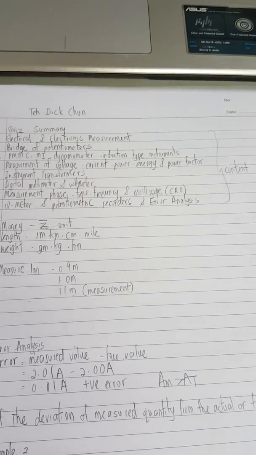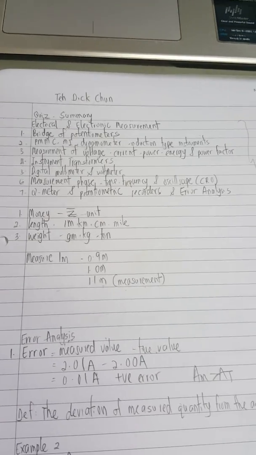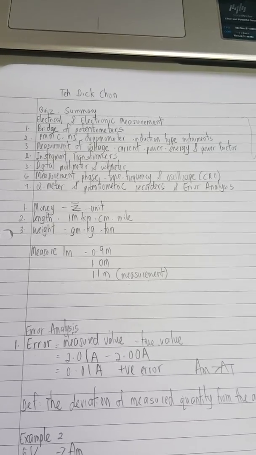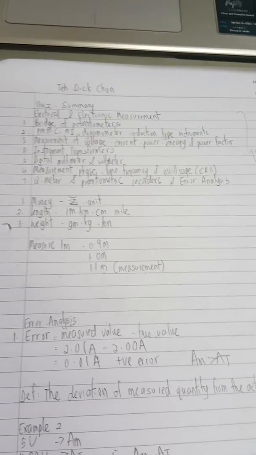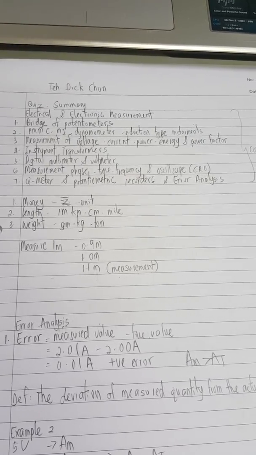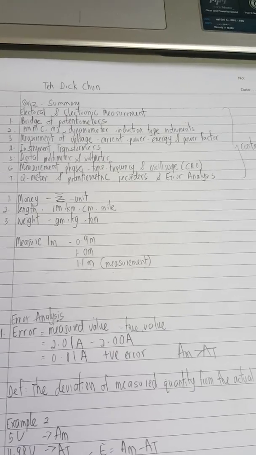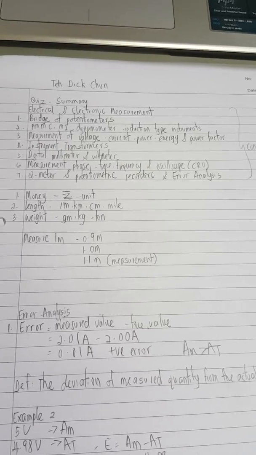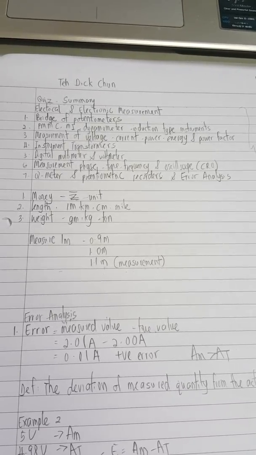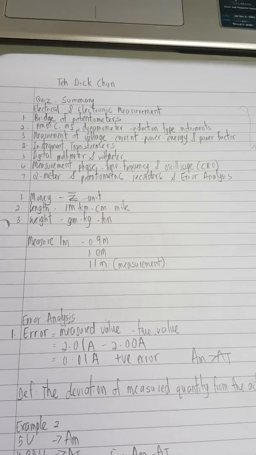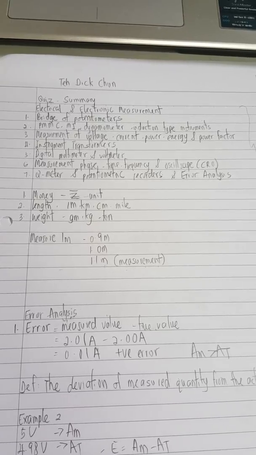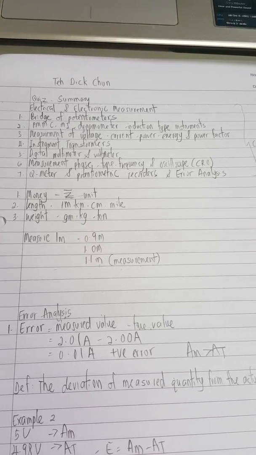So basically this is an instrumentation and measurement quiz. Today, after watching the YouTube video, which covers the 7 contents, which are: bridge of potentiometer, PMMC, MI, dynamometer, induction type instrument, measurement of voltage, current, power, energy and power factor, instrument transformer, digital multimeter and wattmeter, measurement of phase, time, frequency on oscilloscope, CRO, Q meter and potentiometry recorder, and error analysis.